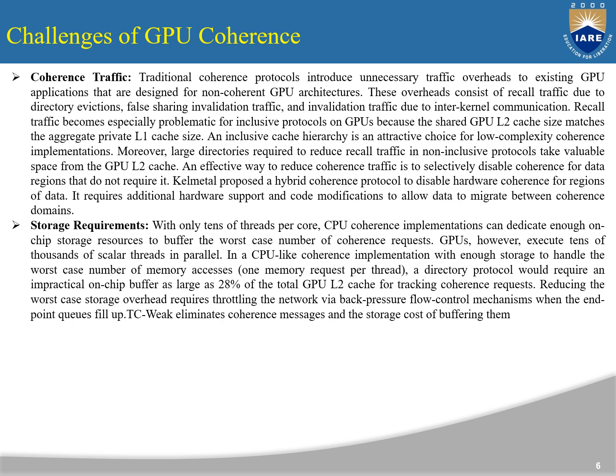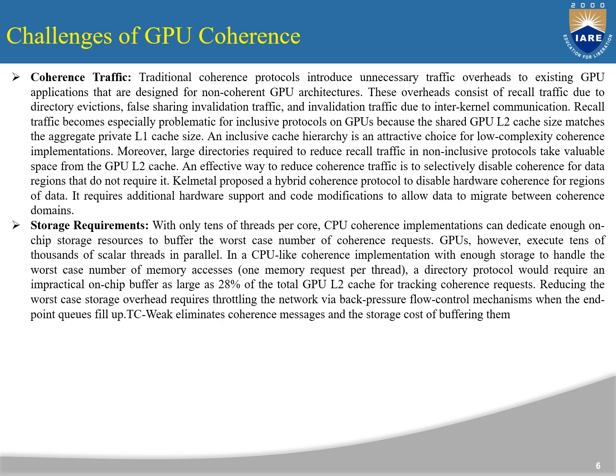Storage requirements. With only tens of threads per core, CPU coherence implementations can dedicate enough on-chip storage resources to buffer the worst-case number of coherence requests. GPUs, however, execute tens of thousands of scalar threads in parallel. In a CPU-like coherence implementation with enough storage to handle the worst-case number of memory accesses, a directory protocol would require an impractical on-chip buffer as large as 28% of the total GPU L2 cache for tracking coherence requests.